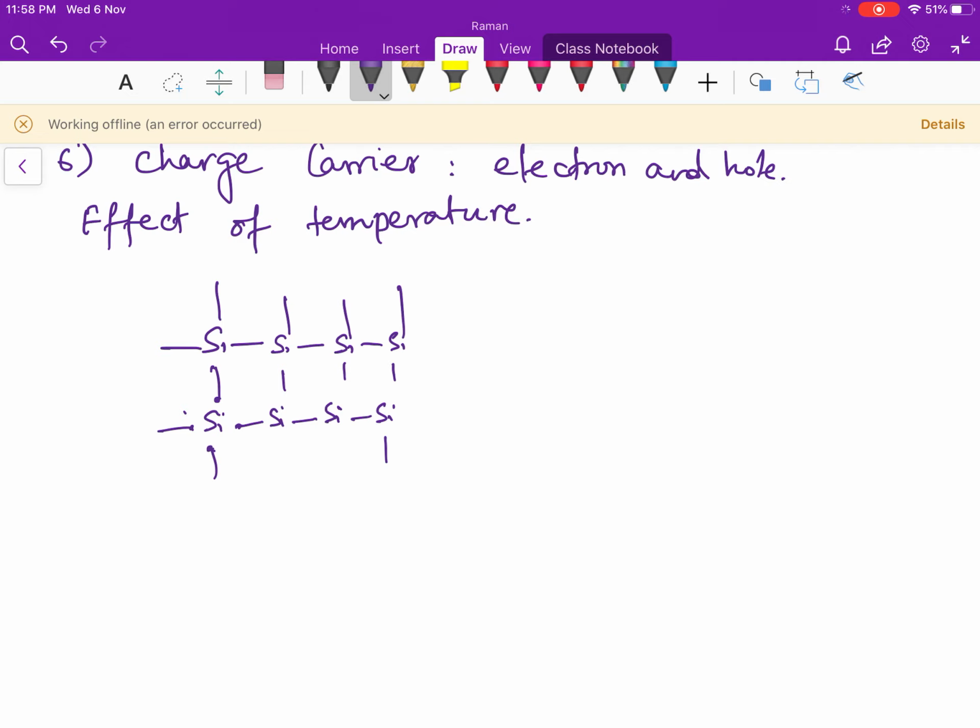So at 0 Kelvin, these covalent bonds are very strong, and so no free electrons exist, and so no vacancy of electron. That's why no hole exists. So this behaves as a perfect insulator at 0 Kelvin.